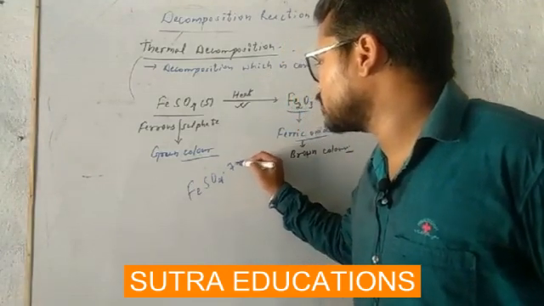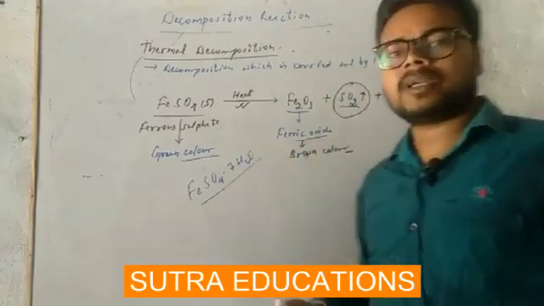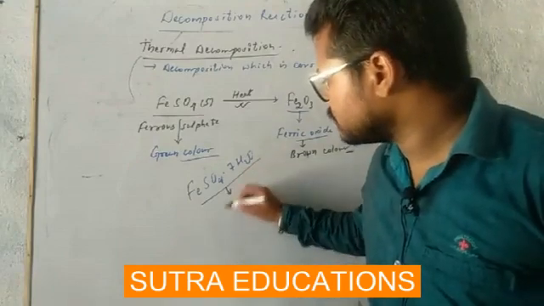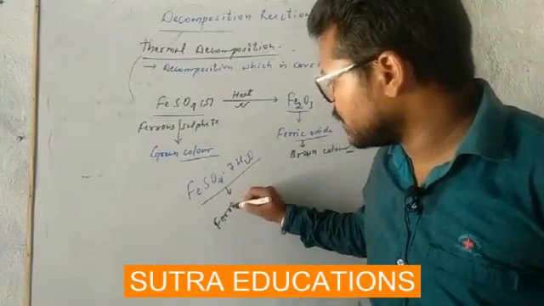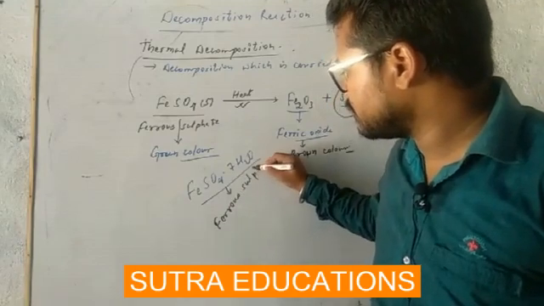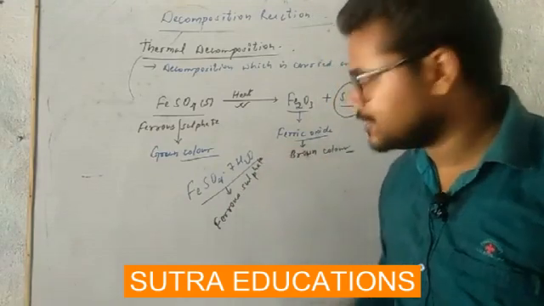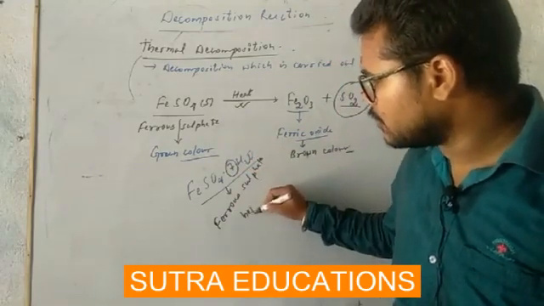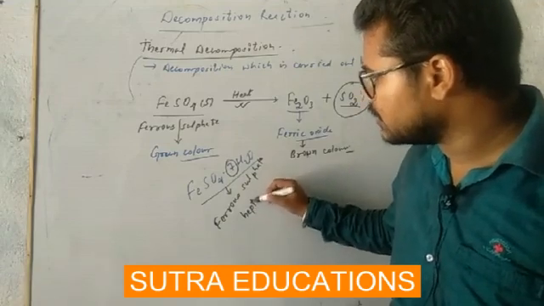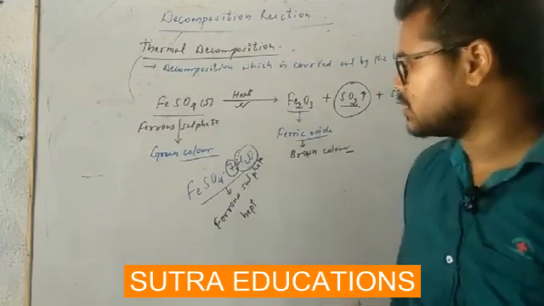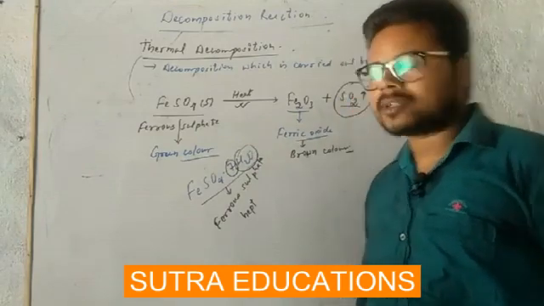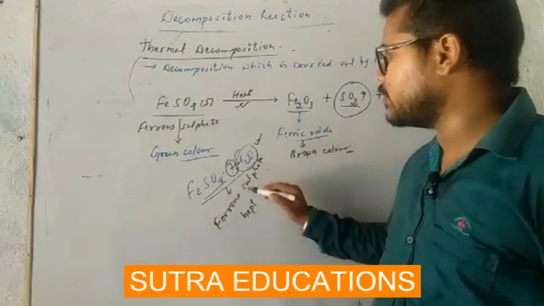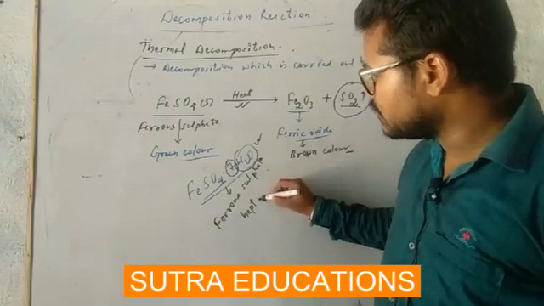Okay, what happens, actually this FeSO4 is present as FeSO4 dot 7H2O. Okay, its name is ferrous sulfate heptahydrate. 7 is there, and for 7 the word root hept is used, and for this H2O molecule, hydrate is used.